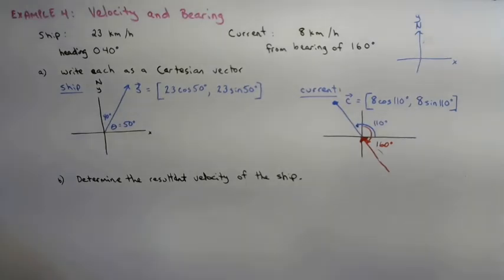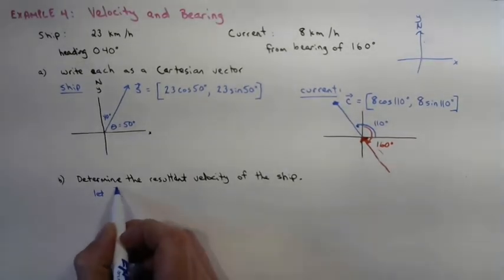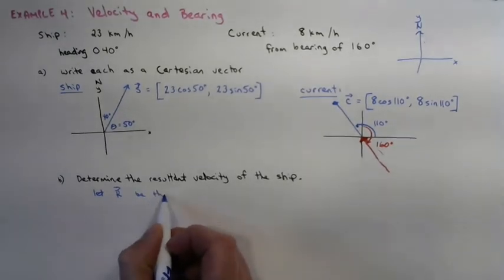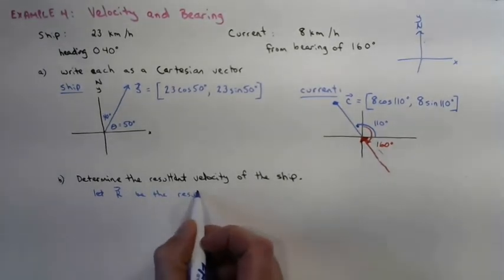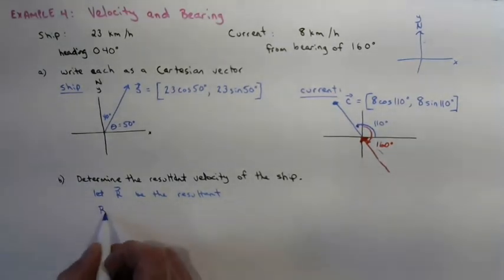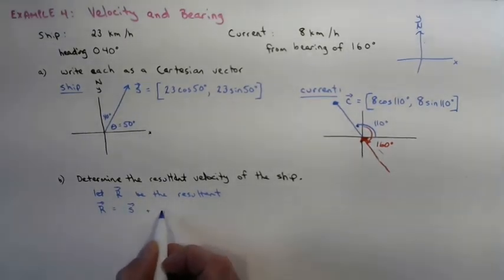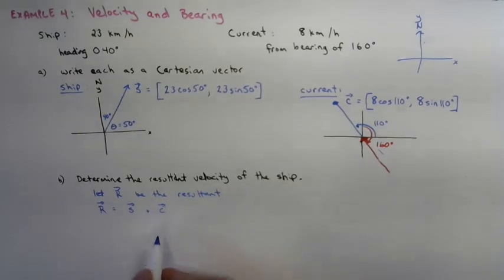So we're going to let the vector r be the resultant. Nothing new there. And that tells us then that the vector r is going to be equal to the velocity of the ship plus the velocity of the current. So what are we doing here?